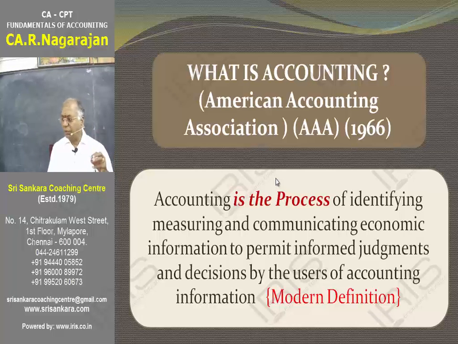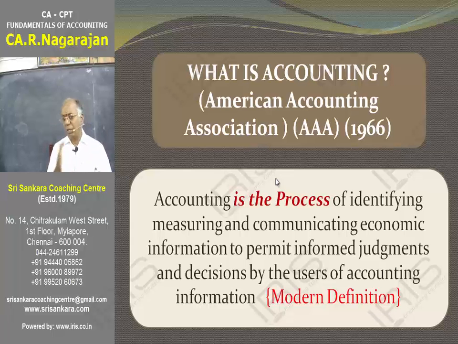So therefore, accounting is a process of identifying, measuring and communicating the economic information to permit informed judgment and decision by the users of accounting information. This definition is found to be a modern definition, because the one given in 1941 by the CPA body is the traditional definition.